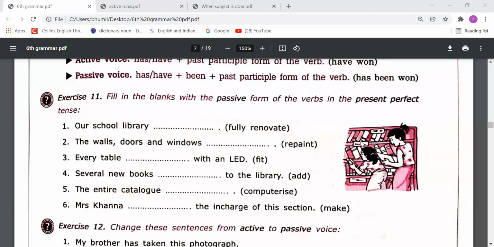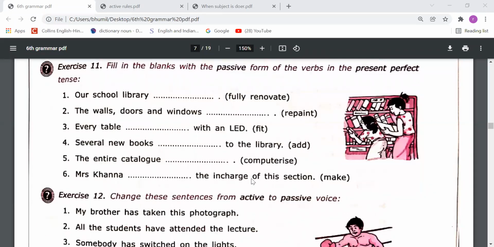Anirudh, what can be the answer? Sir, every table have been fitted with an LED. Every table has been, because we are talking about one table, third person singular. So that's why we need to write here has been fitted. Okay, very good. Right answer. Every table has been fitted with an LED.